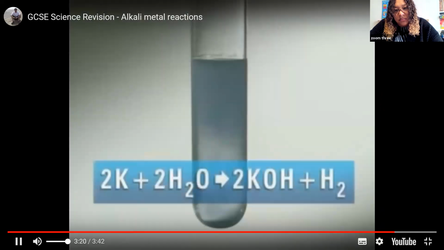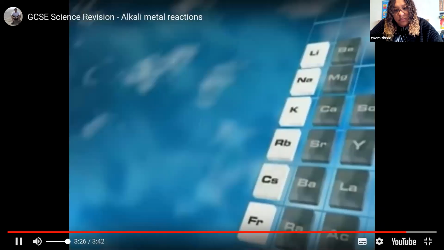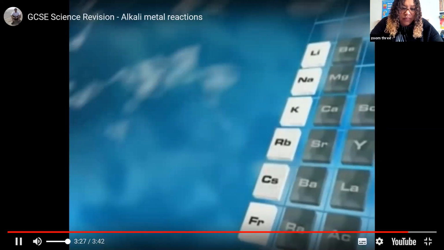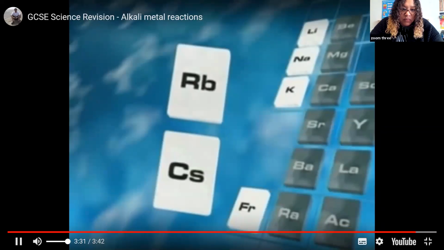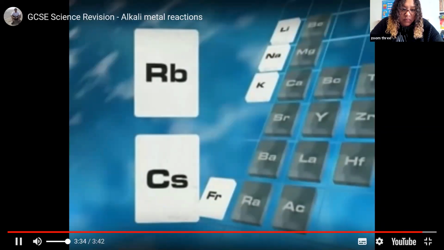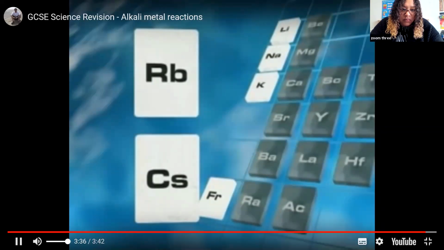Universal indicator goes blue. Potassium reacts with water to form potassium hydroxide and hydrogen. Rubidium and cesium are elements which lie below potassium in the periodic table. How would you expect rubidium and cesium to react with water?